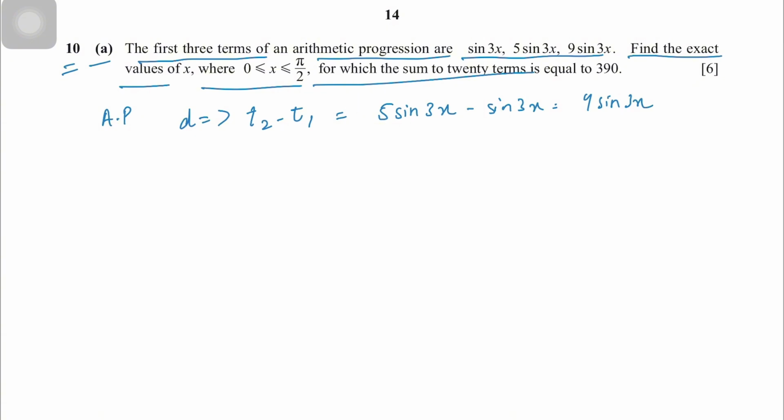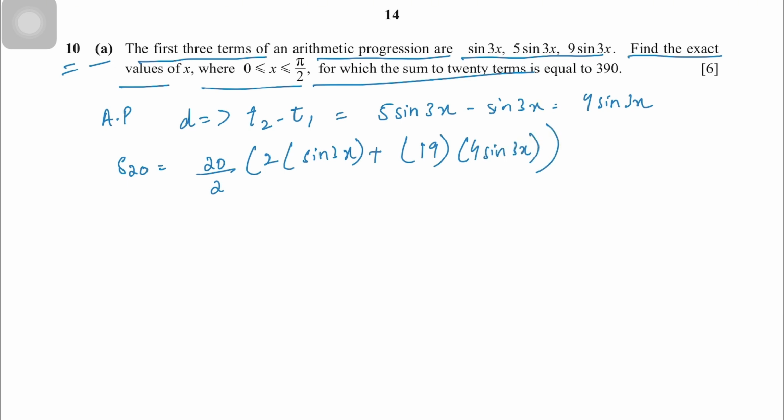We are given the sum of 20 terms, which can be written as 20 over 2, times 2a, which is sine 3x, plus n minus 1, which is 19, times our common difference 4 sine 3x.